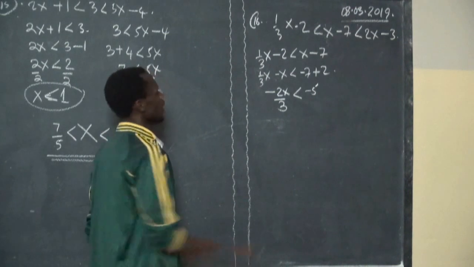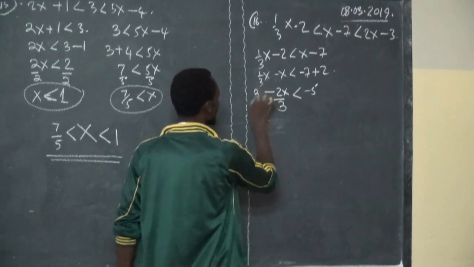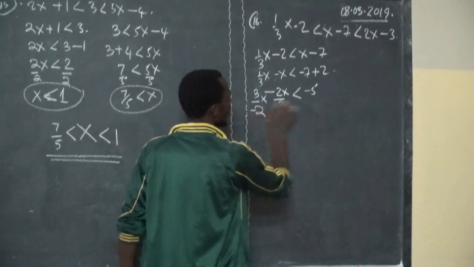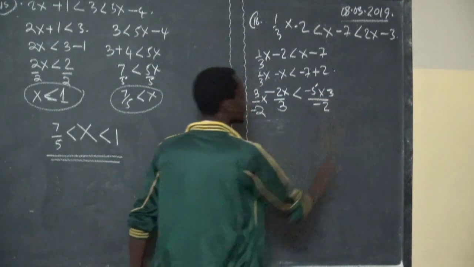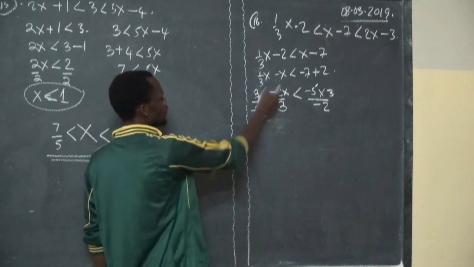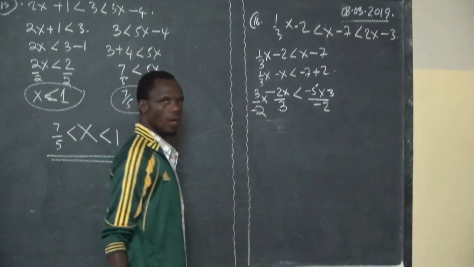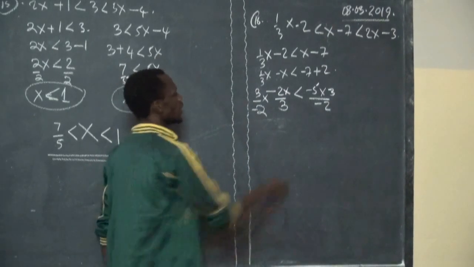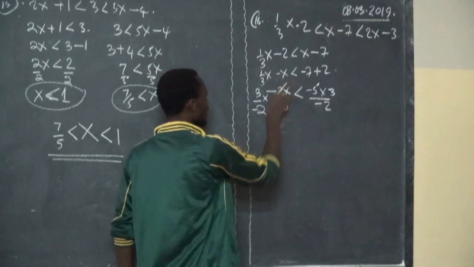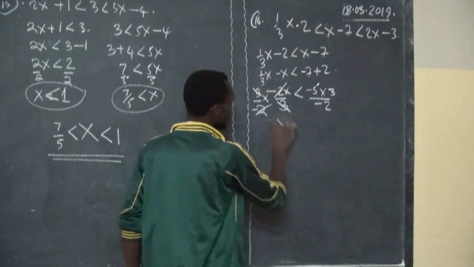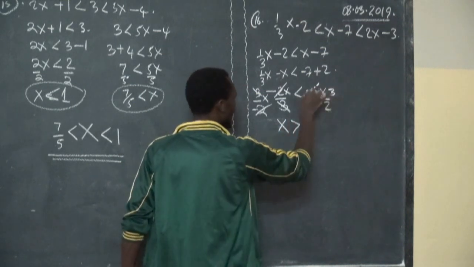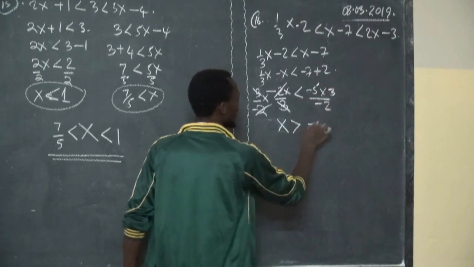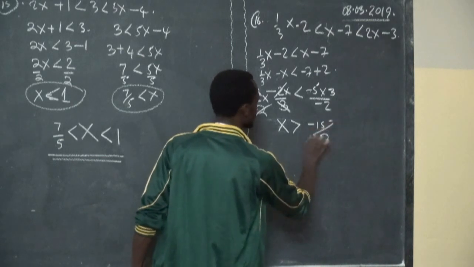You understand? Now, we multiply by 3, we divide by negative 2. Because now we have divided by negative 2, what next? Means this sign will change. Now this comes out. Now we will remain with x is greater than negative 5 times 3, negative 15 over negative 2.